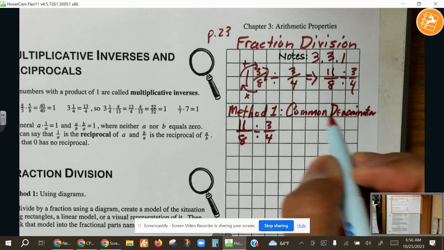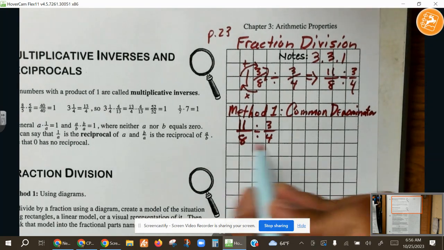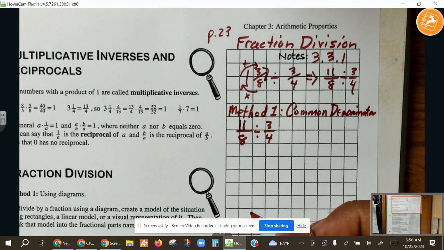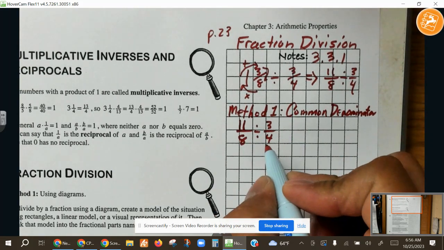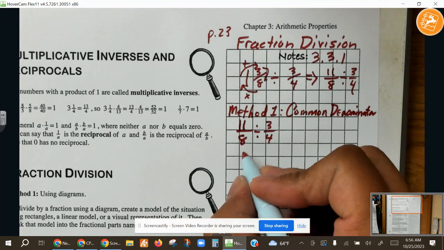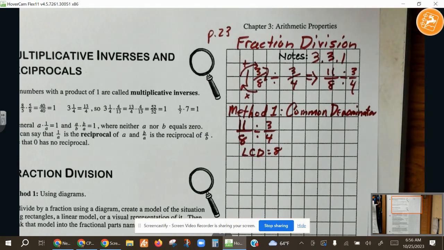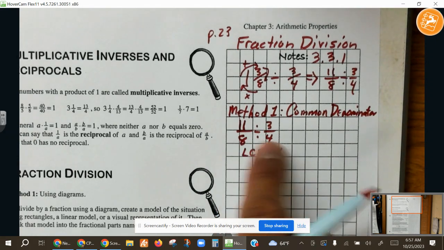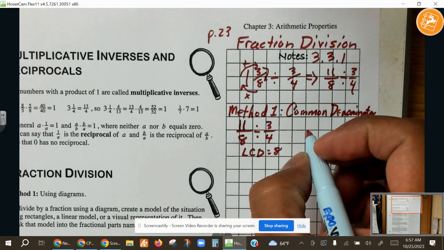So once you have those fractions, we would now make sure that both of these numbers have a common denominator. So the LCD between those two fractions is 8. So now, this number's already over 8, we put 3/4 over 8, and that gives us a new fraction.